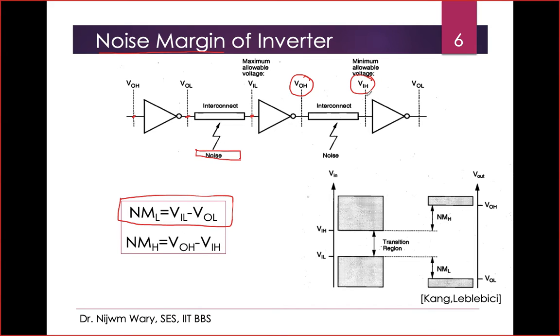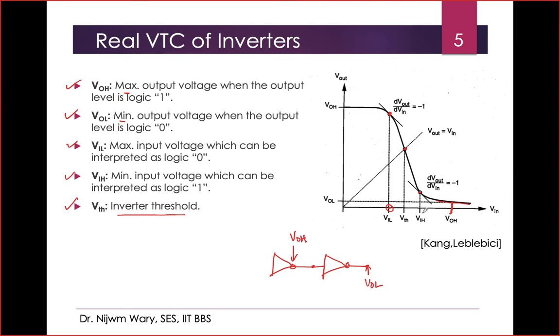If it is less than VIH, again my input to this inverter will be invalid, right? As you have seen here, it should be in this range. It cannot be lower than VIH, right? It should be higher.